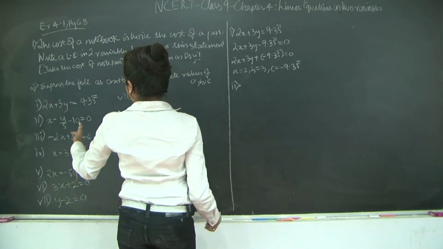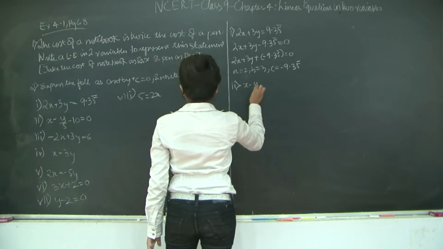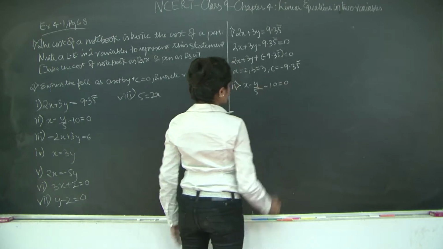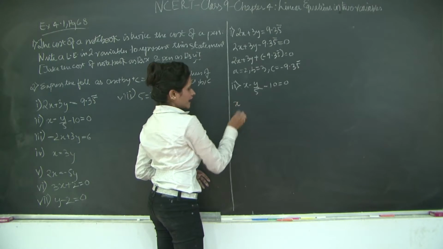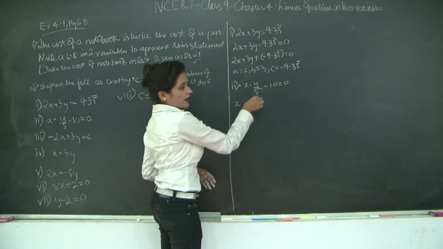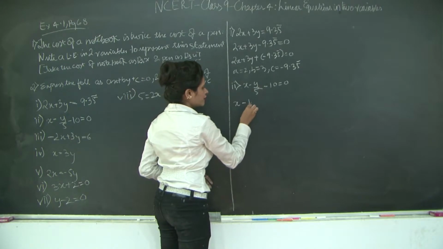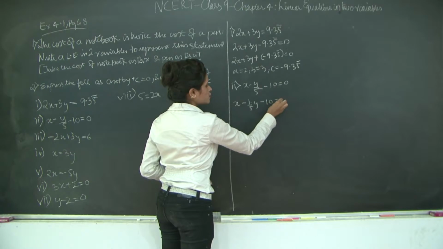Second one, you have x minus y upon 5 minus 10 is equal to 0. So now we can convert this step by step. You have x minus y upon 5 can be written as x plus minus 1 upon 5 into y, and you have minus 10 is equal to 0.